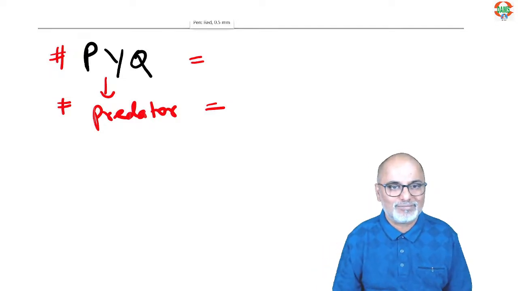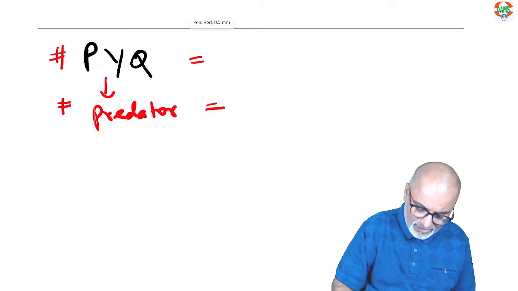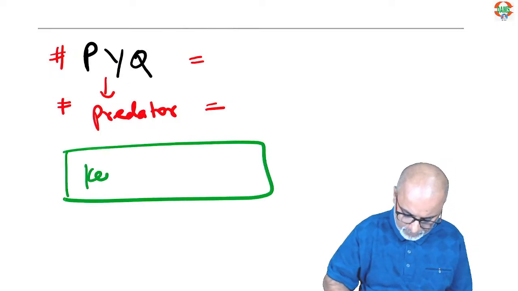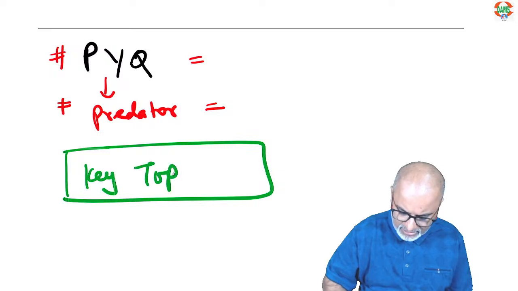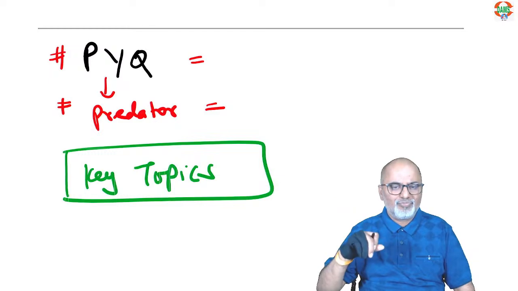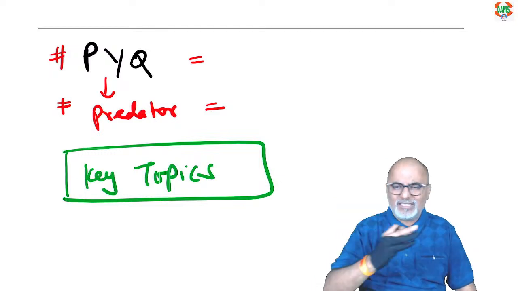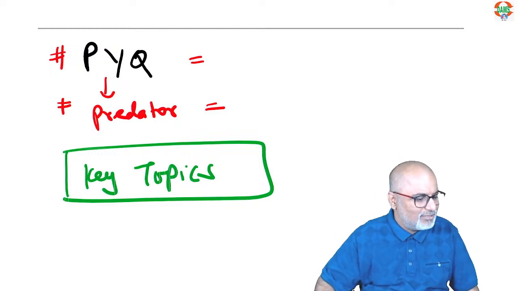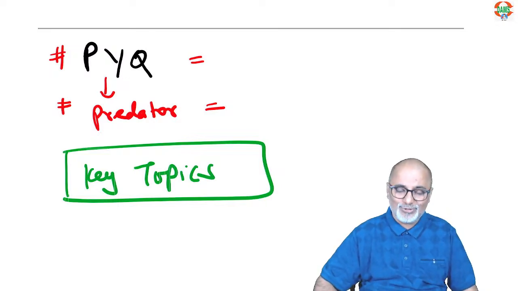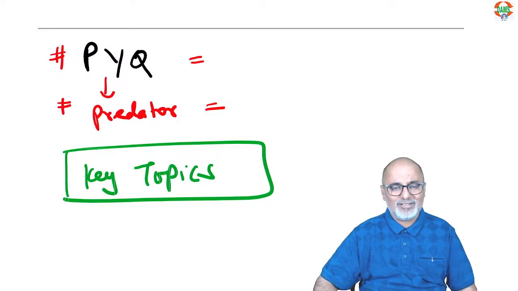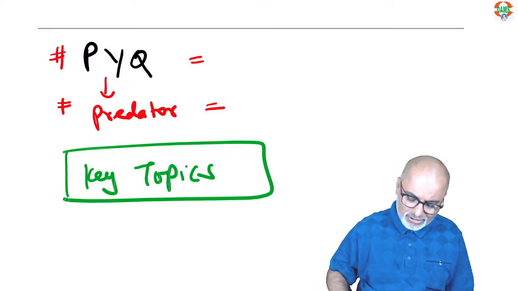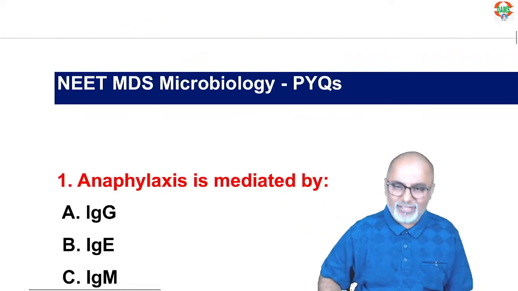And third, very, very important, key topics to cover. Last minute key topics, key titles we may definitely get a question on. 15 to 20 small topics just to go through. Is it necessary to read all the bacteria? Is it necessary to read all the viruses? With this, I'll go to the previous year questions.